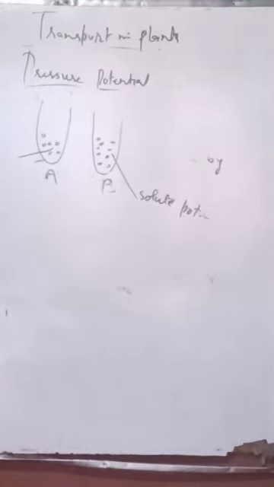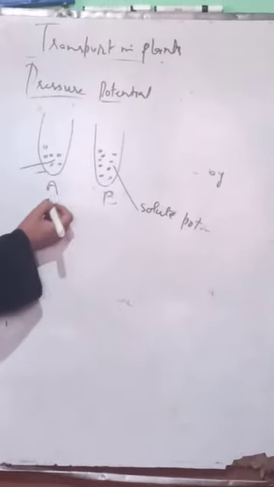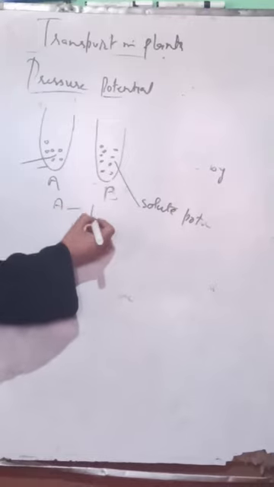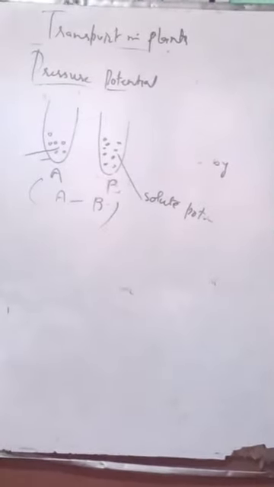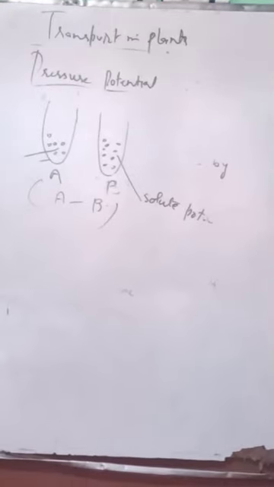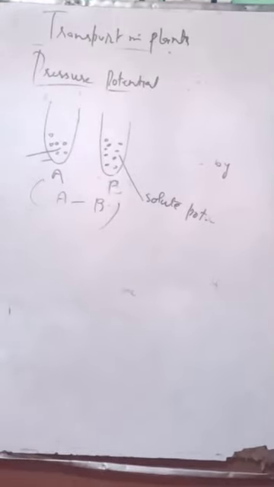So in case of osmosis, the flow of water will be from A to B. In case of equilibrium, osmotic pressure is the same and water potential is also the same, so there will be no diffusion.